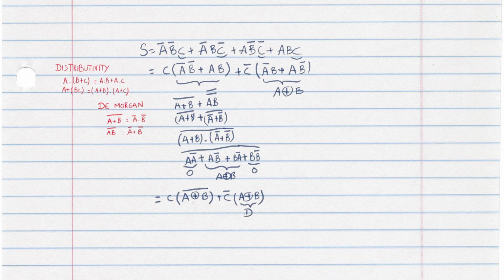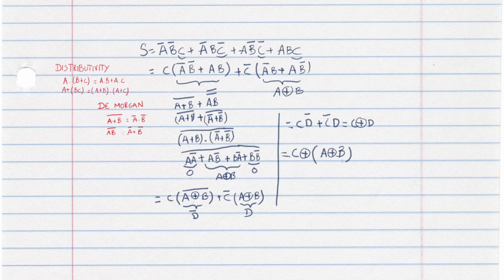So we can write that A XOR B equals D, so we're left with C and not D, or not C and D. And you recognize again an exclusive OR on that C and D. So that's C XOR D. So altogether, that's C XOR, and D was A XOR B. So that's the expression for the sum.